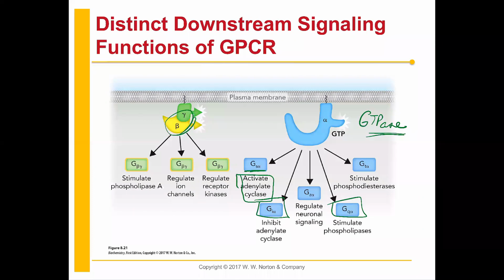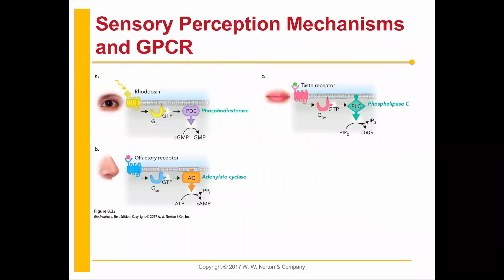Okay, so when we talk about why these G protein coupled receptors are important, they're important for our senses. Why are they important for our senses? Well, it's all about neuronal transmission. It's going to require our G protein coupled receptor signaling.